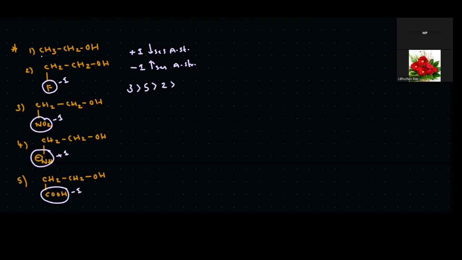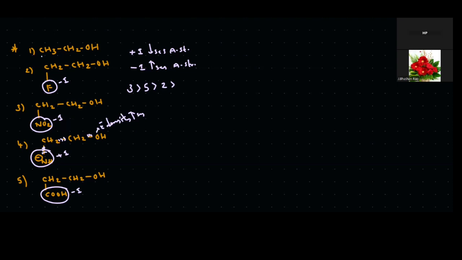Next, coming to the first and fourth conditions. In the fourth, NH minus effectively releases electrons. If it effectively releases electrons towards this oxygen, the electron density increases. If electron density increases, the bond strength increases.